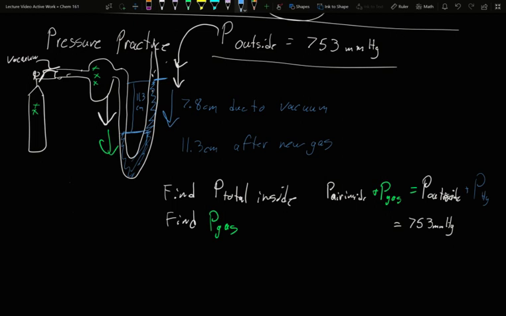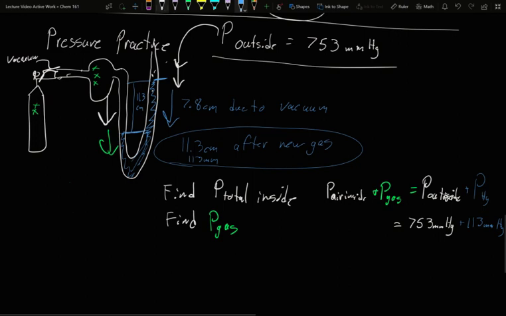And right now, at the end, there's 11.3 centimeters difference between those mercury heights. So the extra pressure on the outside from the mercury is 11.3 centimeters or 113 millimeters, so plus 113 millimeters of mercury.